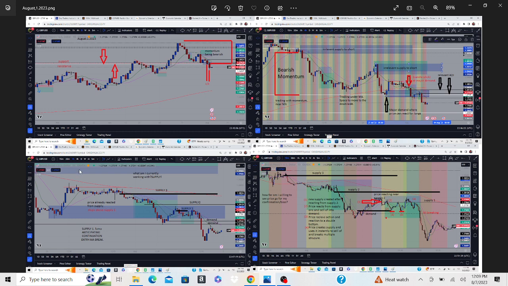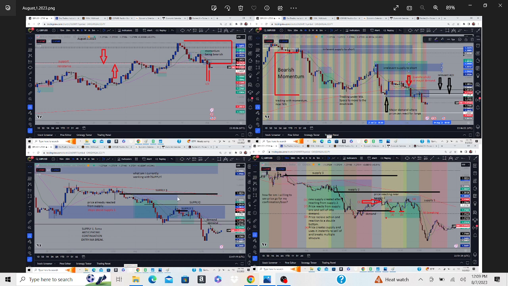Here at the bottom left corner, we can see where the supply is. We have supply 3, supply 2, and supply 1, right? At supply 1, since the supply is very tight, it does not move back for a retest. But once supply is very tight, we need to see some sort of time going on between price, consolidation-wise.